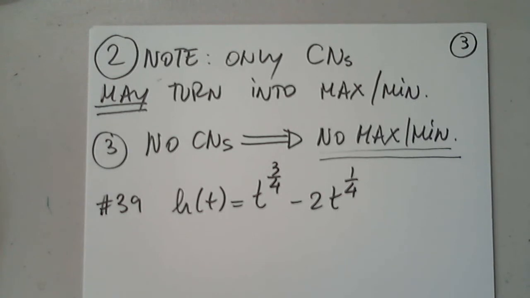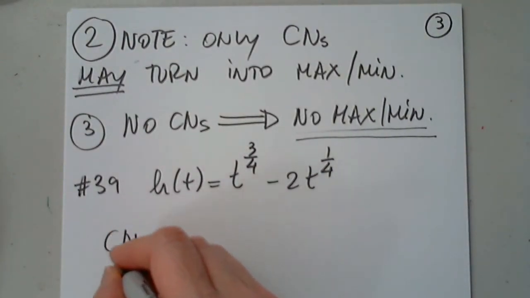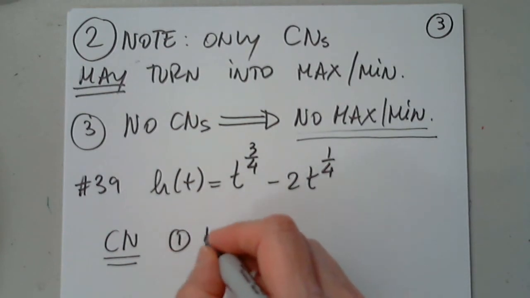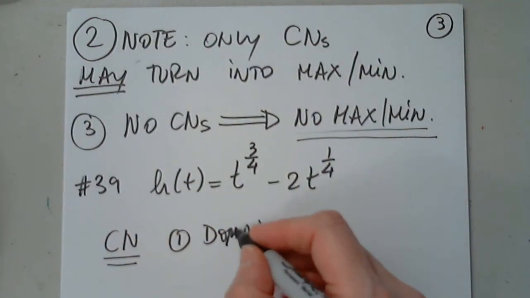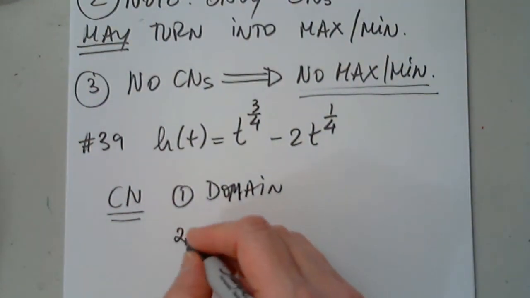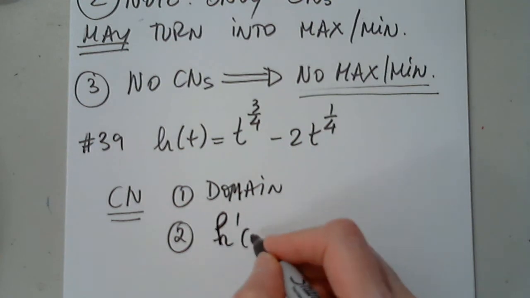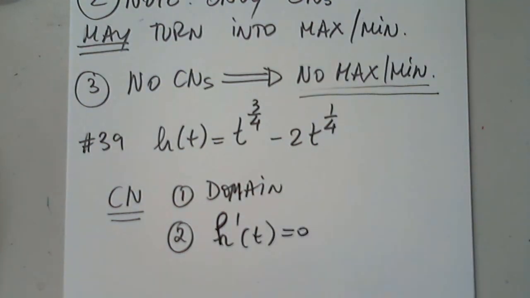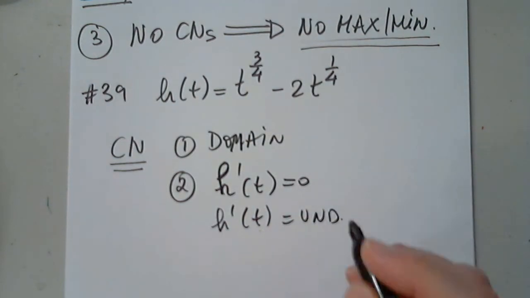Yes. Okay. So again, we are only asked to find critical numbers. Every time I'm asked to find critical numbers, however, I have to find the domain, because I know that critical numbers come from h prime of t being 0, or h prime of t being undefined.